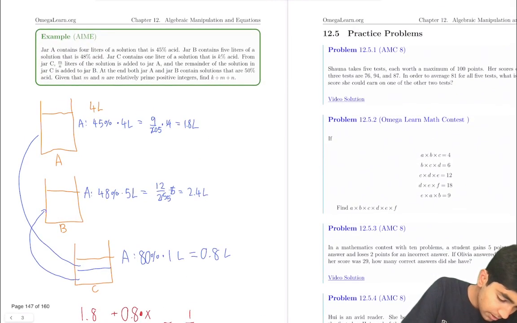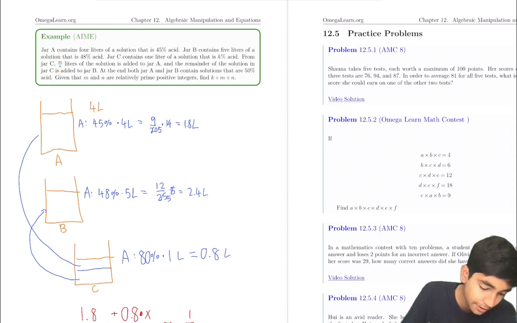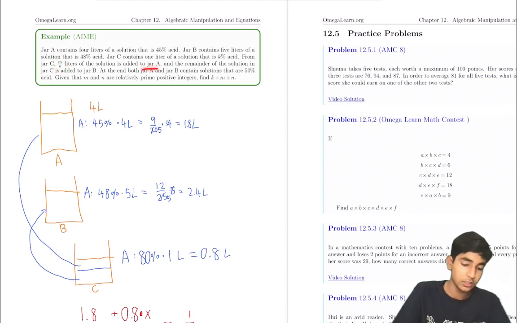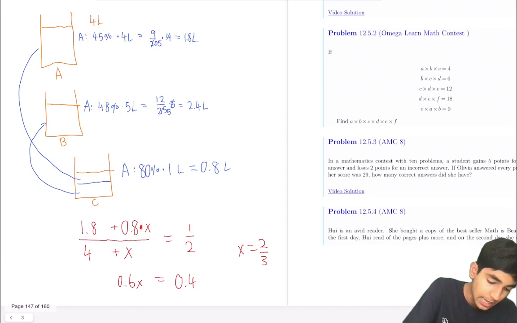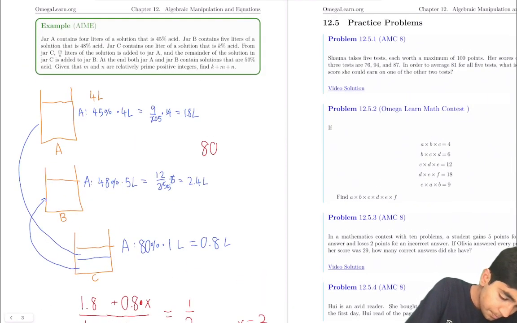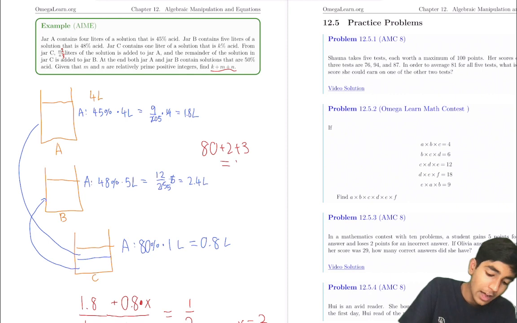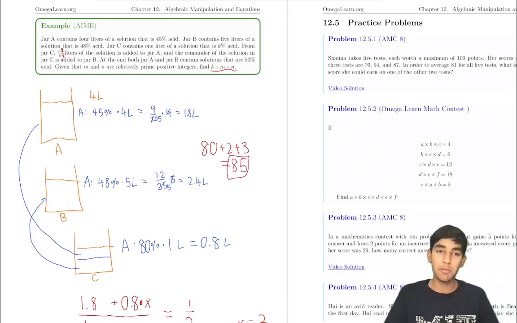So therefore, the amount of liters added to jar A is just 2/3. So we discovered K was 80%, and the fraction was 2/3. So M is 2, and N is 3. So plus 2 plus 3, right? K plus M. That's 85, our answer for this problem.